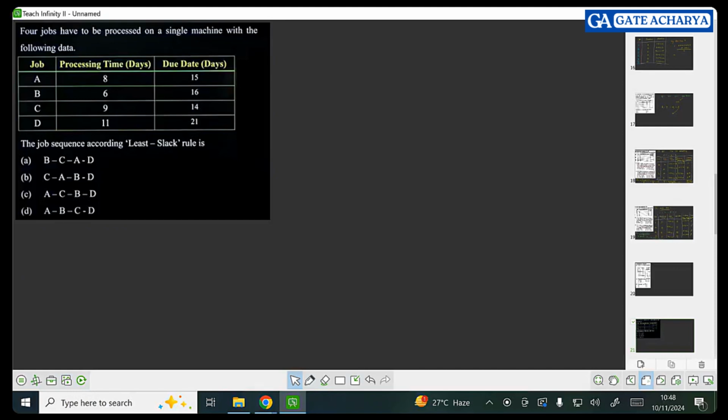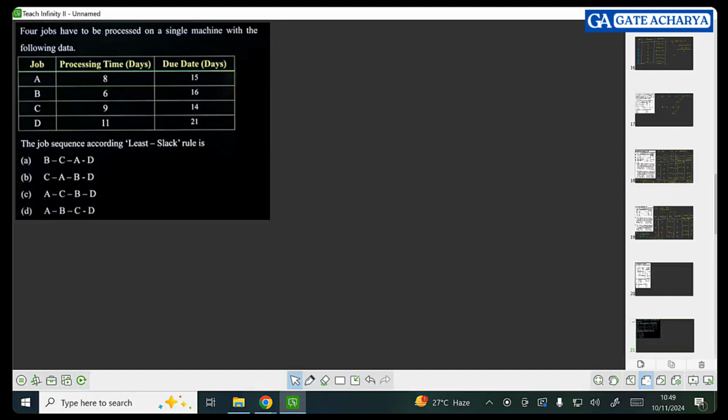So flow time. Flow time means, see, processing time how much? E 1. A 3. Next B 4. C D. Flow time means cumulative of this: 1, 4, 8, 10, 16.